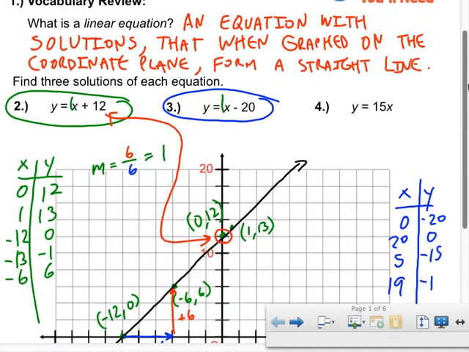What do we know about this last function? How is it different from the first two functions? Bokhar? That's very good, and that's what you should see right away, that you don't see any add or subtract at the end. But what does that mean if you don't see that?